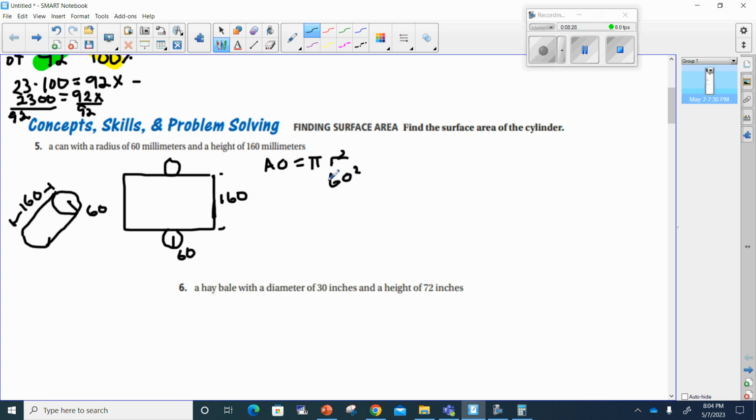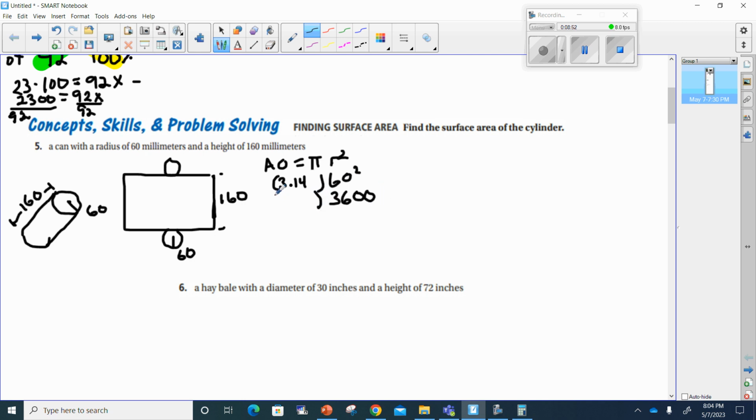And we know what pi is. Pi is 3.14. Well, 60 times 60 might be hard, but I know 6 times 6 is 36. And so 60 times 60 must be 3,600 because we've got two more zeros in it.